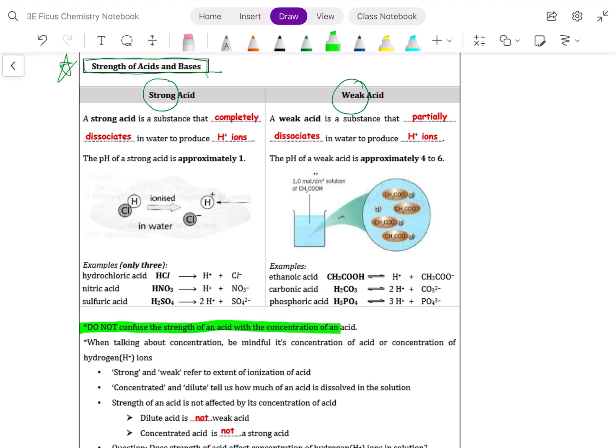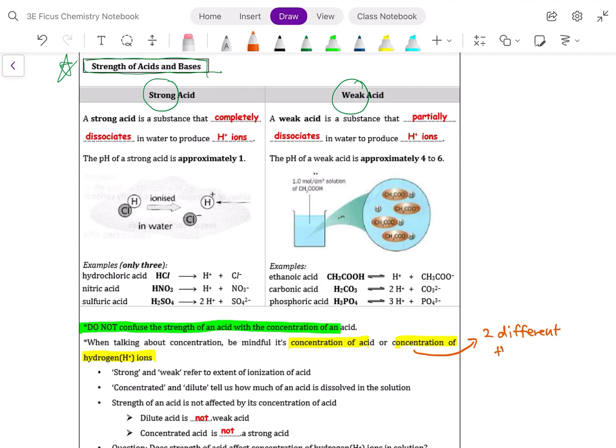And another two things that you have to differentiate very clearly, which I'm going to highlight in yellow: is it the concentration of the acid, or the concentration of the hydrogen ions, that means the H plus ions? There are two different things. Concentration of acid and concentration of H plus ions. I highlight again, be mindful, because these are actually two different things.